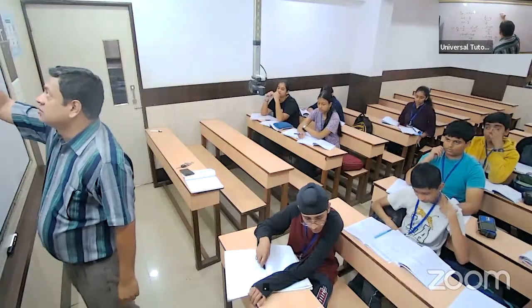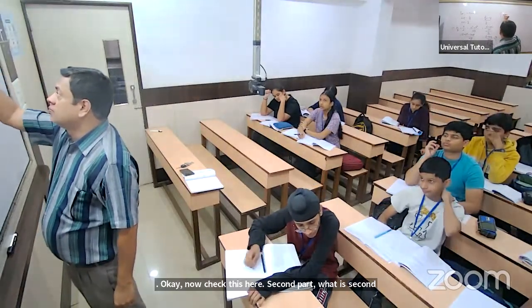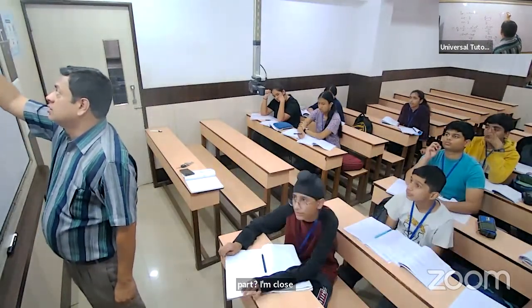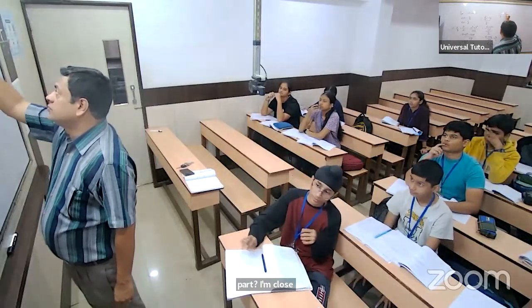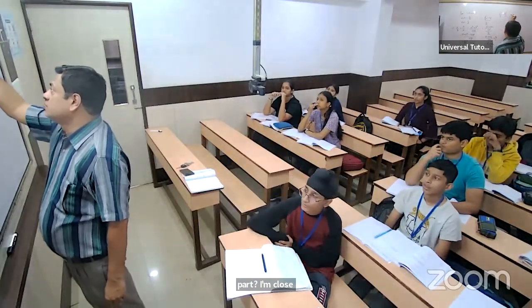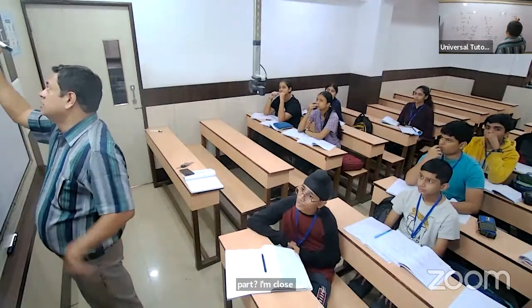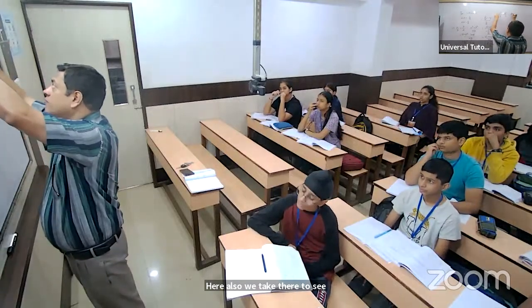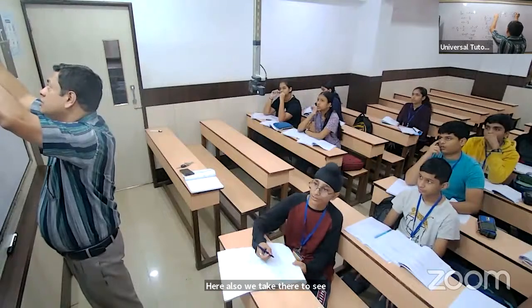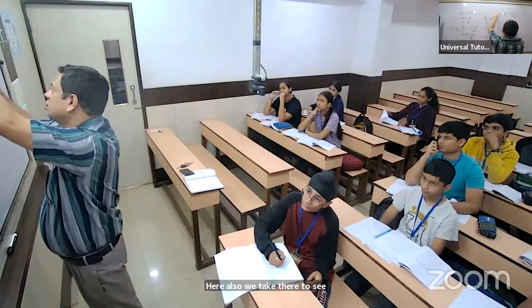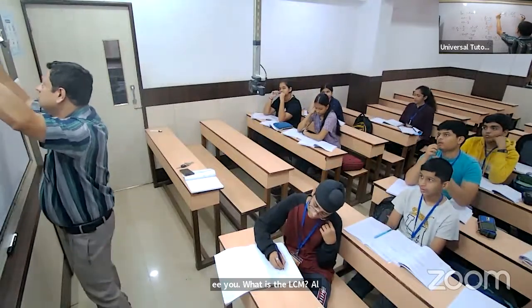Second part, what is the second part? Alpha square upon beta plus beta square upon alpha. Here also we take the LCM. What is the LCM? Alpha beta. The numerator will be alpha cube plus beta cube. We have the identity. What is alpha cube plus beta cube?